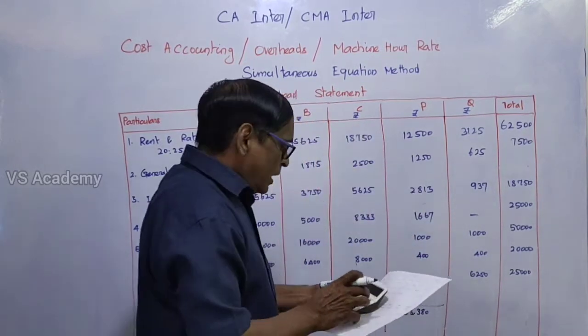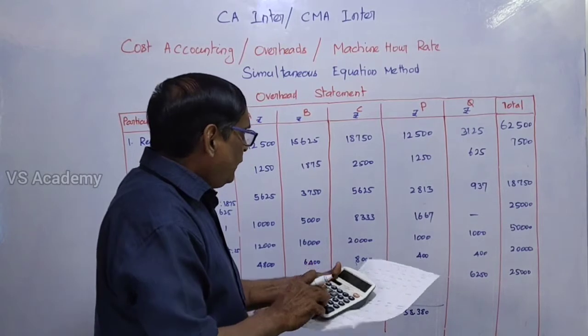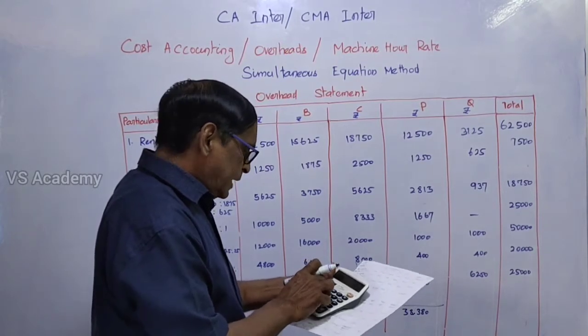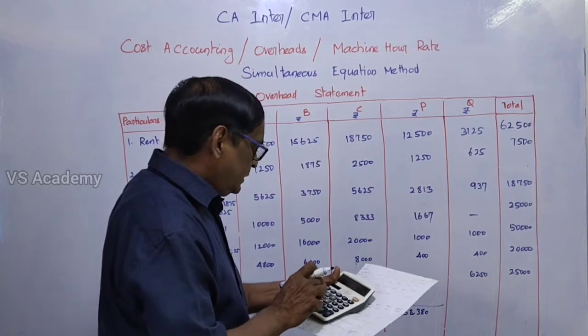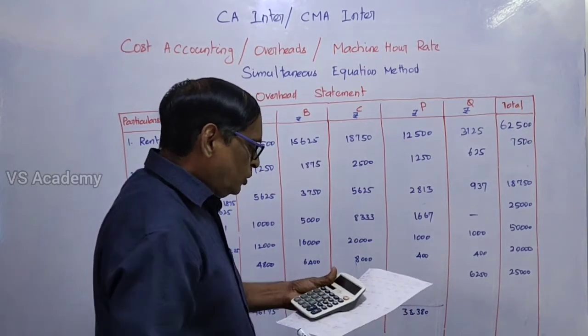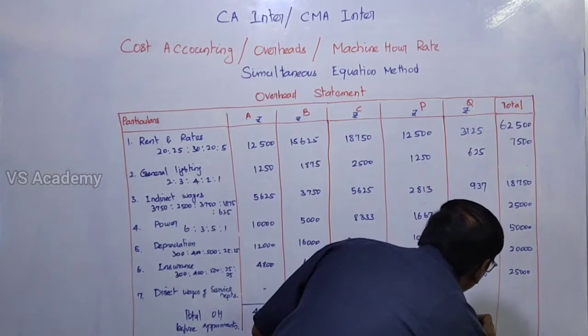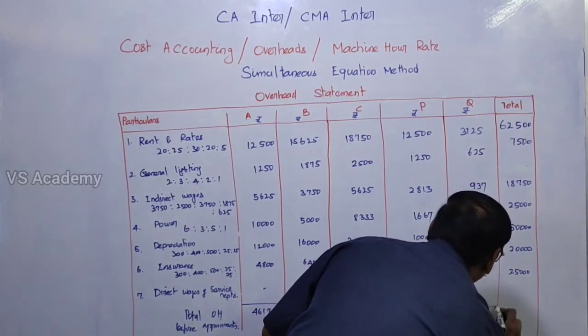And then 3,125 plus 625 plus 937 plus 1,000 plus 400 plus 6,250, the total 12,337.